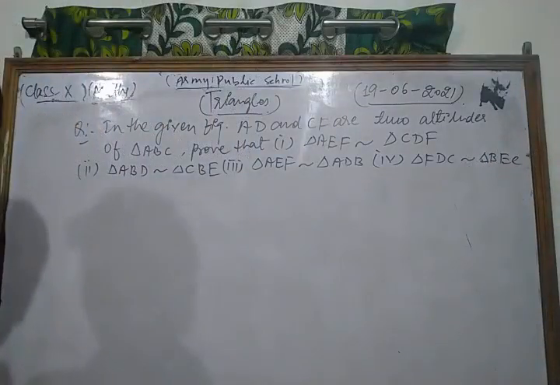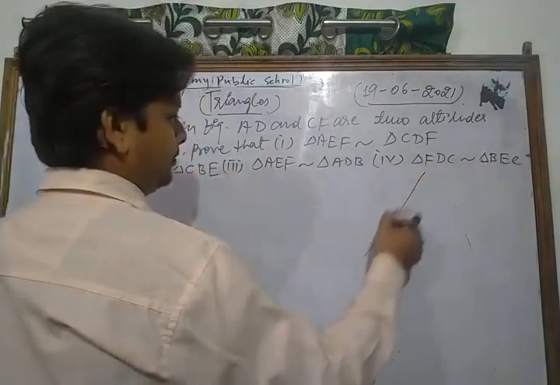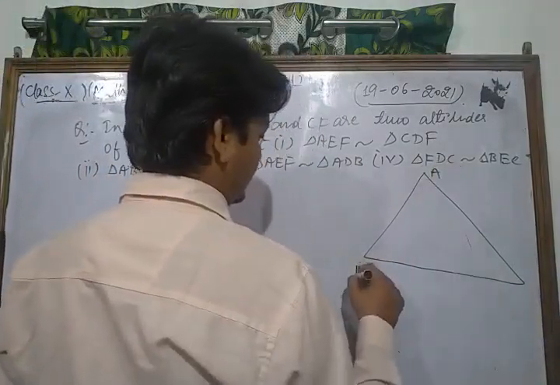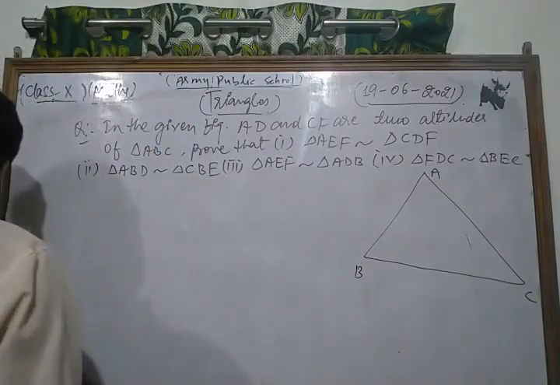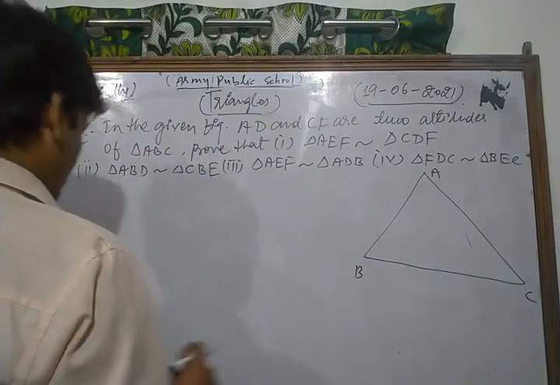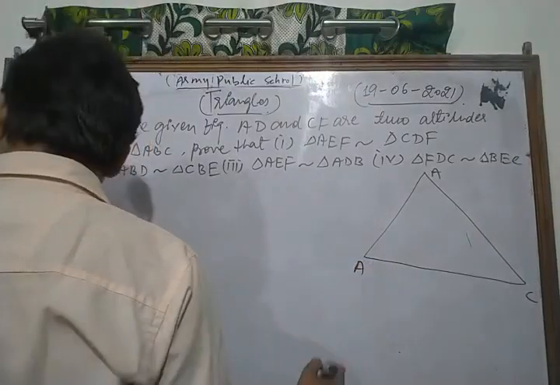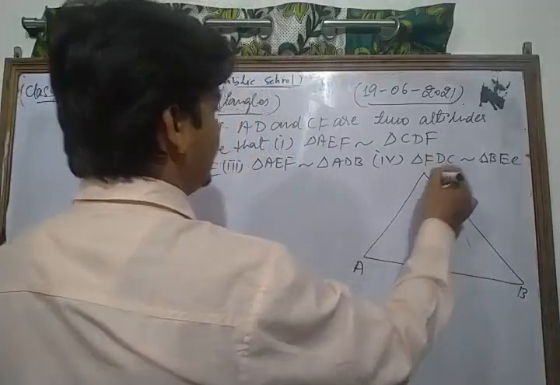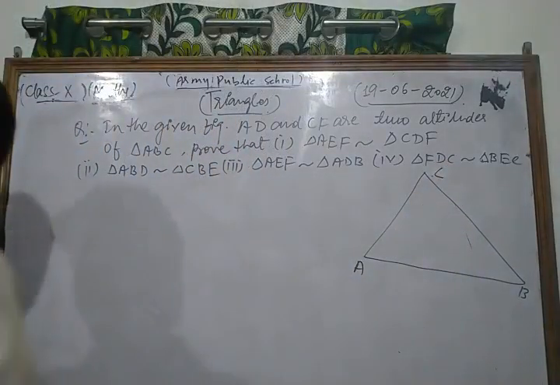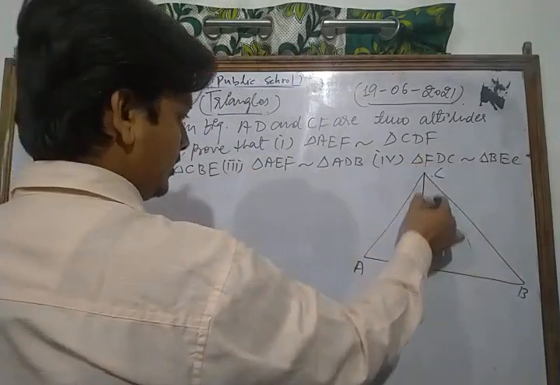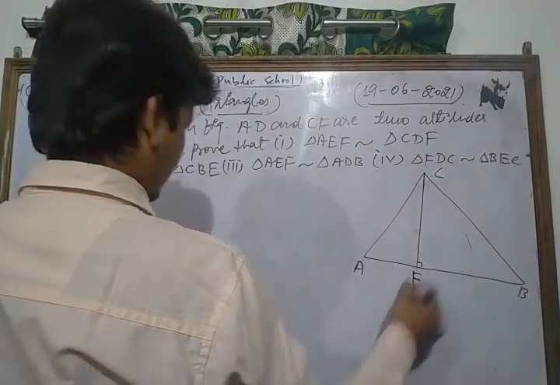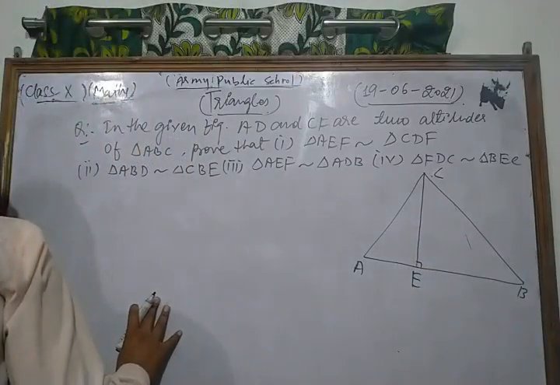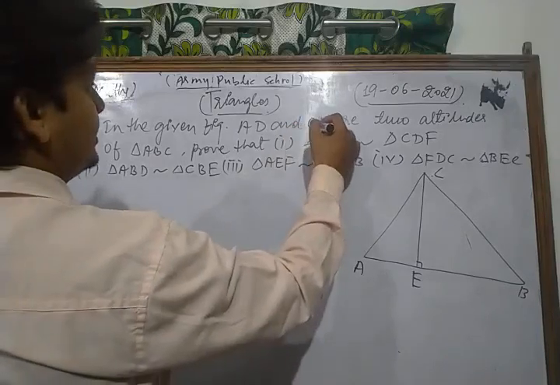Okay, and your figure is this. This is A, this is B, and this is C. And CE and AD, these are the altitudes.